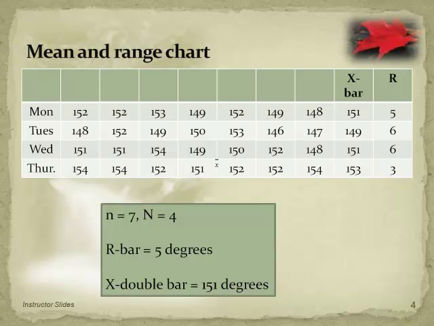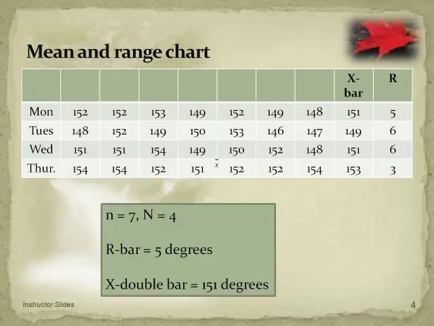Our internal temperature for Tuesday was 149, Wednesday it was back to 151, and Thursday the X bar value was 153. If you're not sure how the X bar and the range values are calculated, go back and review the previous unit of this chapter.